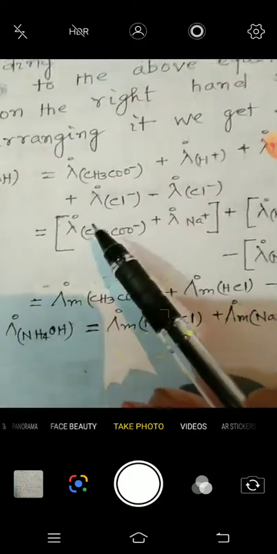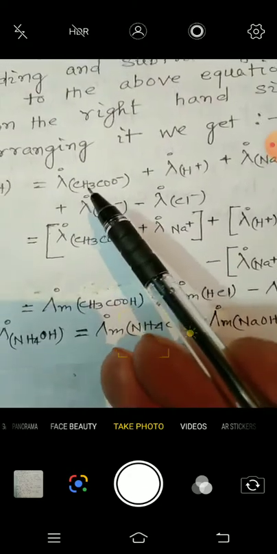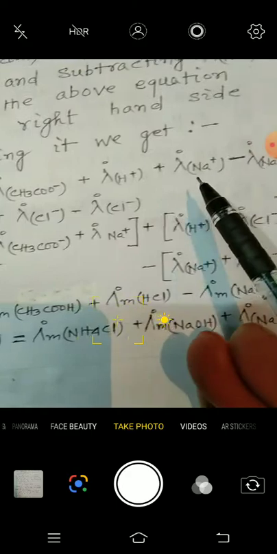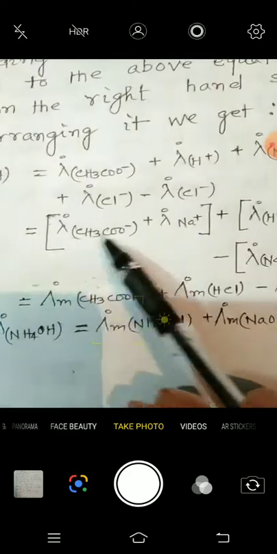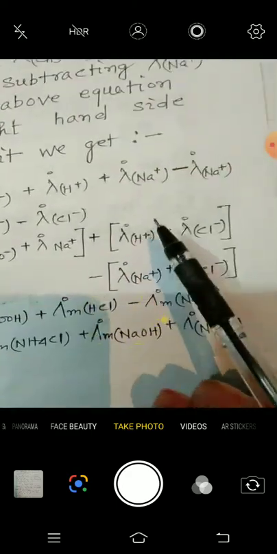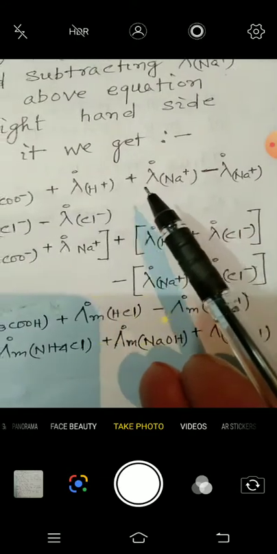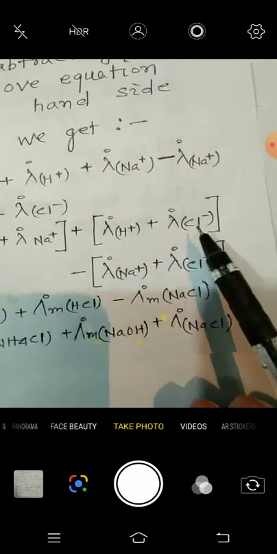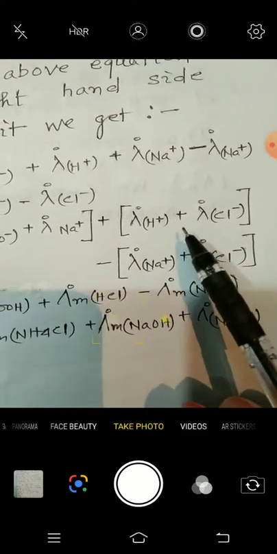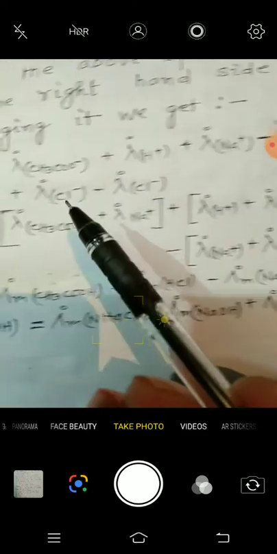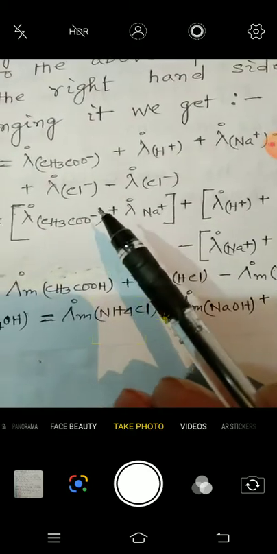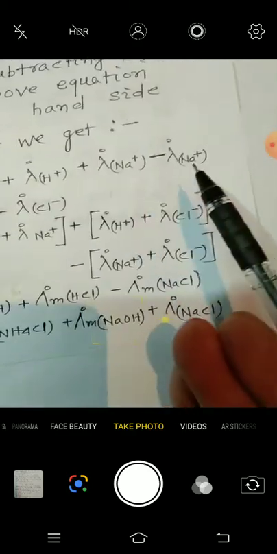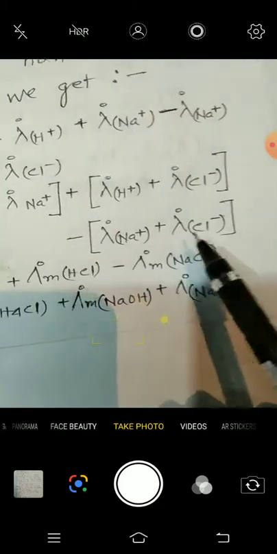Now, when we rearrange, suppose the limiting molar conductivity of acetate with this, you will get it in this way, and when you arrange the H plus and Cl minus you can get it in this way, and when we arrange Cl minus and Na plus, then you will get this thing.